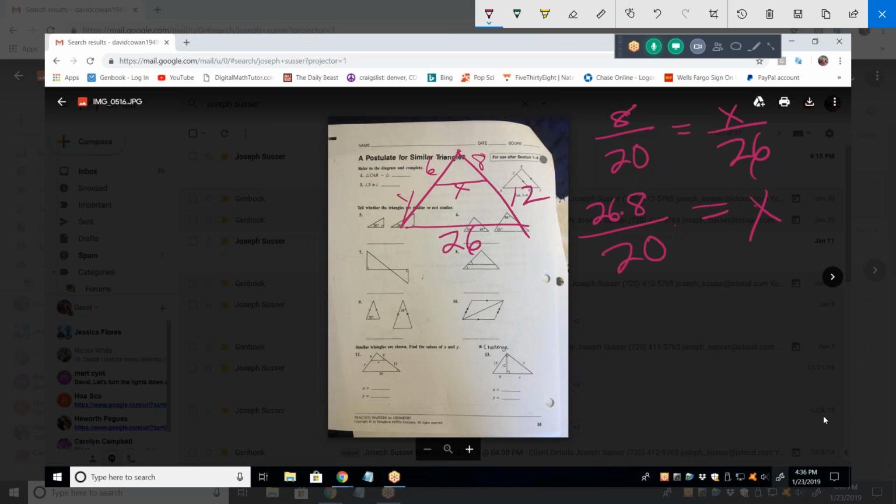Notice that it's not useful to cross multiply here. You only need to multiply both sides by 26. And then that reduces to what? Let's see. 13, 10, 4, 5. So we get 52 over 5 is what x is equal to.